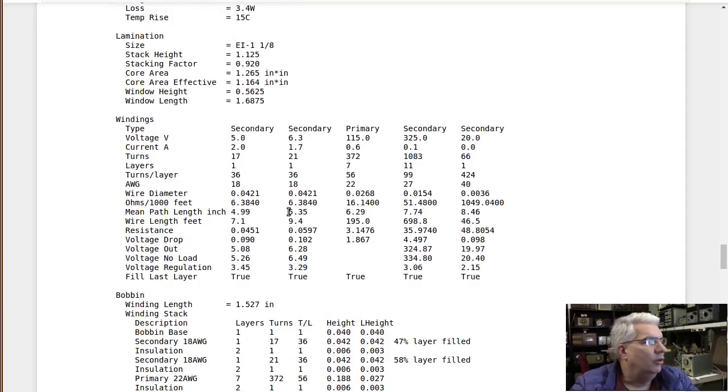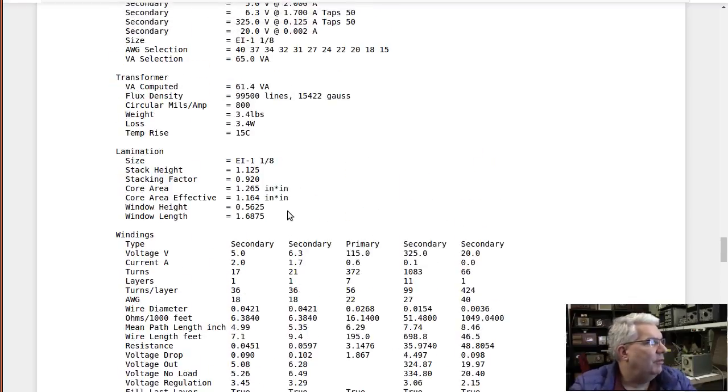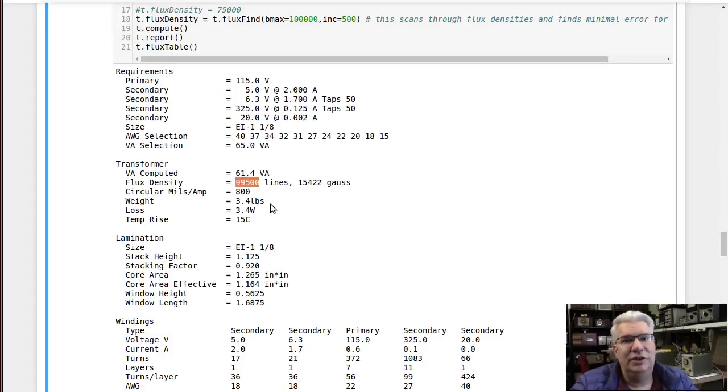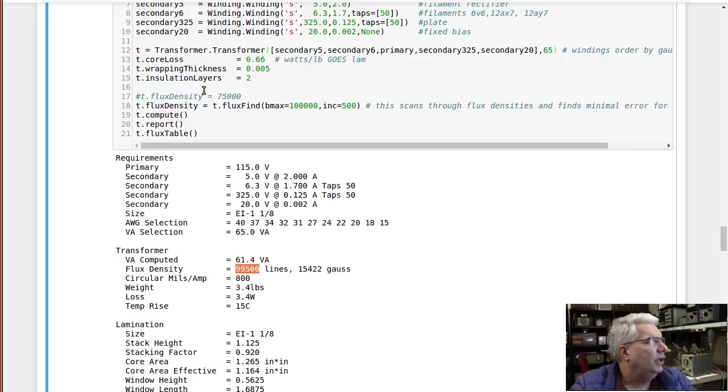So what can we do? We can change the flux density, but we already found the maximum flux density. It is at 99,000. We can change it even more, but we're getting up there now. We're at 15 kilogauss. And the other thing we can change is the circular mils per amp. Remember, that deals with how big the wire gauge is going to be.